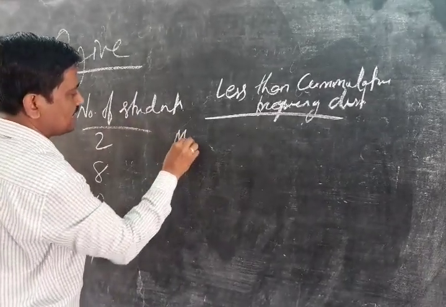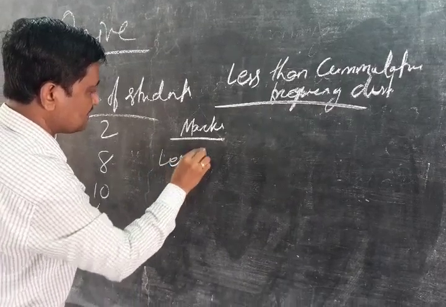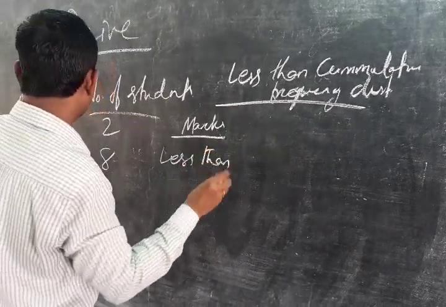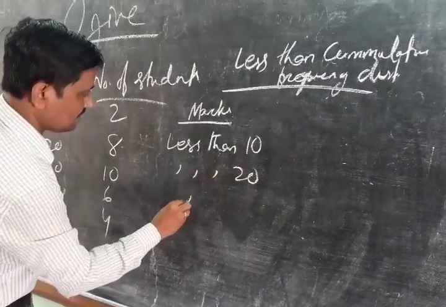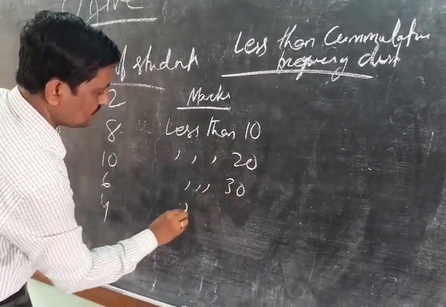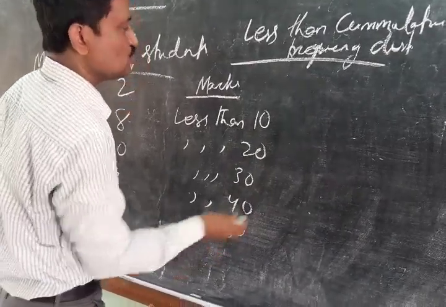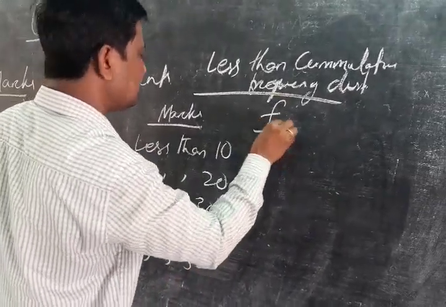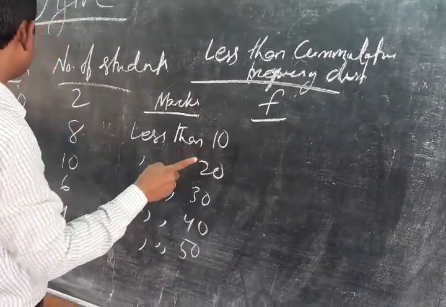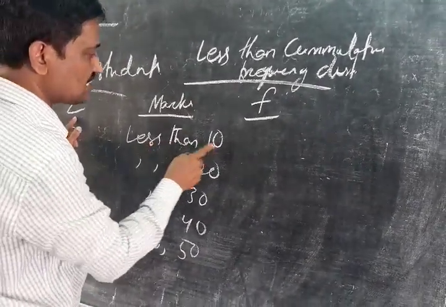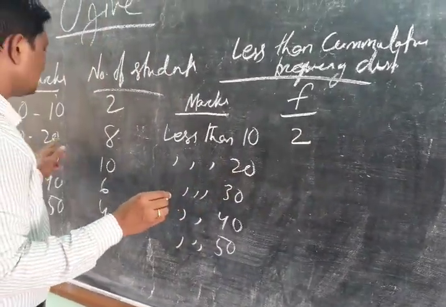We have to write like this: marks less than 10, less than 20, less than 30, less than 40, then less than 50. Here the frequency will change. Less than 10: 0 to 10 is 2, so less than 10 is definitely 2. 10 to 20 is 8.